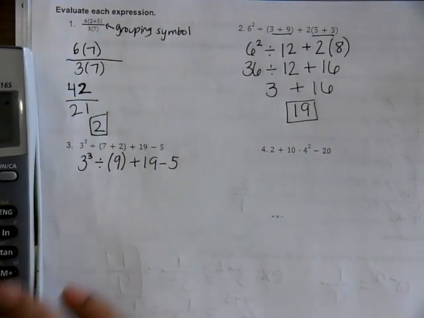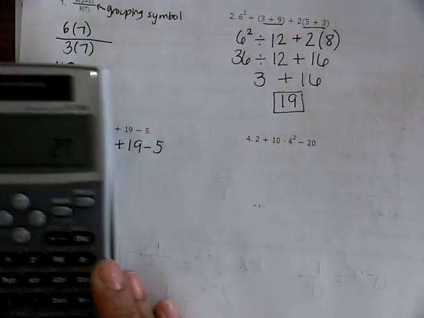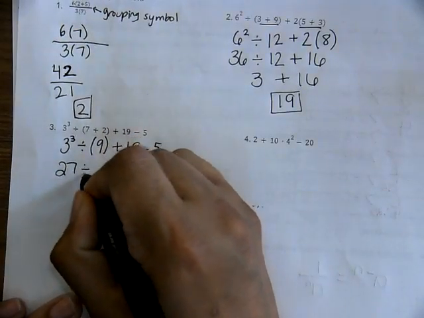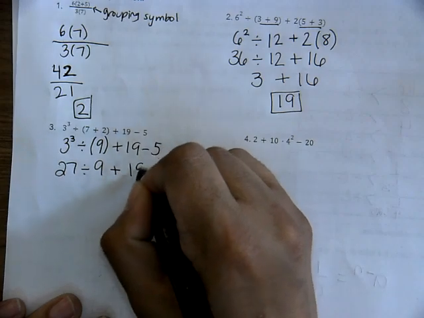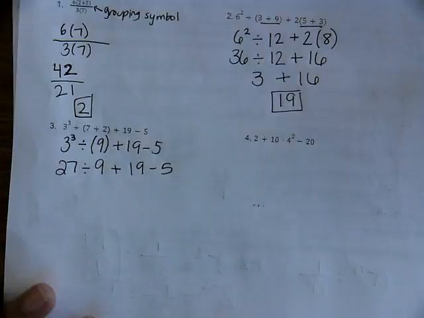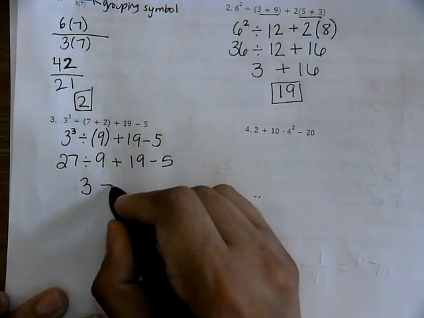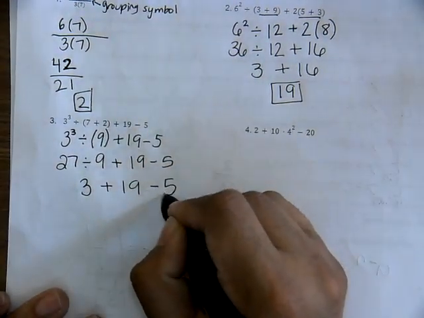So we have 3 cubed is 27, if you weren't sure of that, divided by 9, and then we have plus 19 minus 5. 27 divided by 9 is going to be 3, and then you bring down the plus 19 and the minus 5.